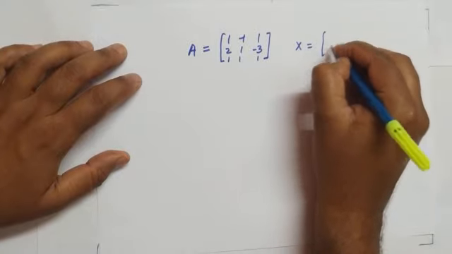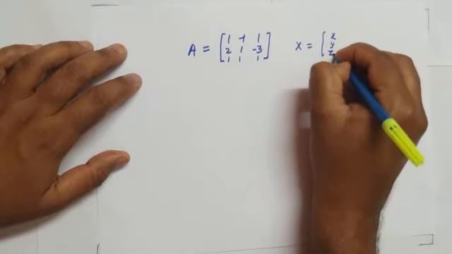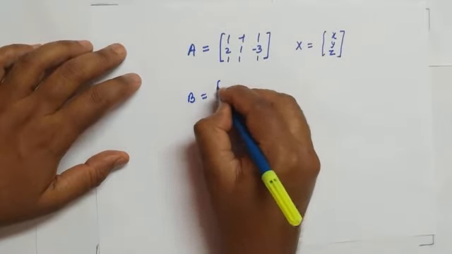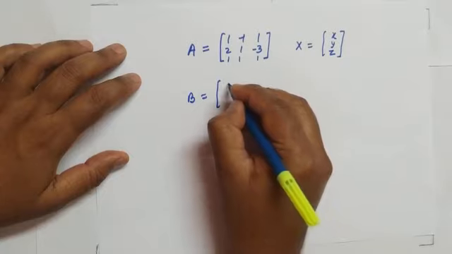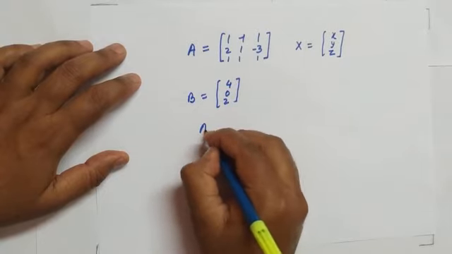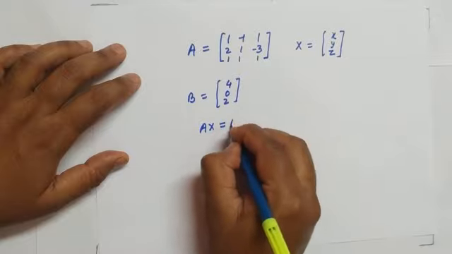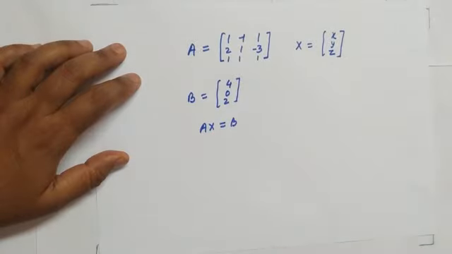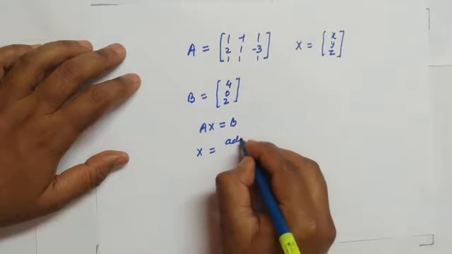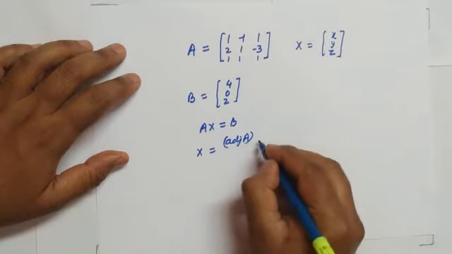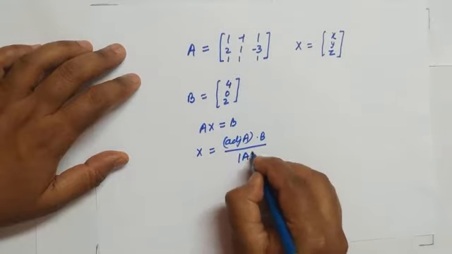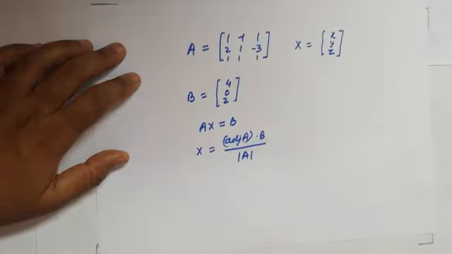X will be x, y, z. And matrix B is equal to 4, 0, 2. Now AX is equal to B. So the formula X is equal to adjoint of A into B divided by determinant of A can be applicable for that case.